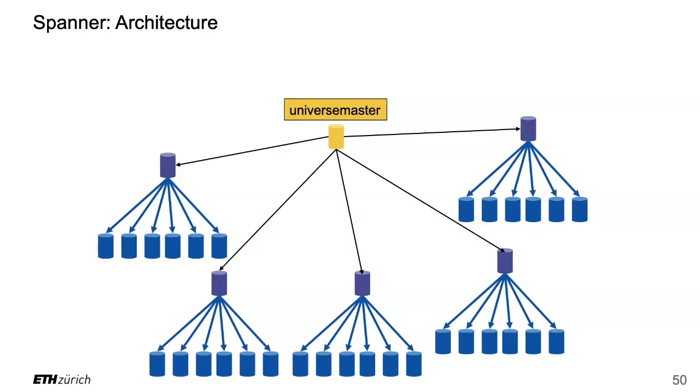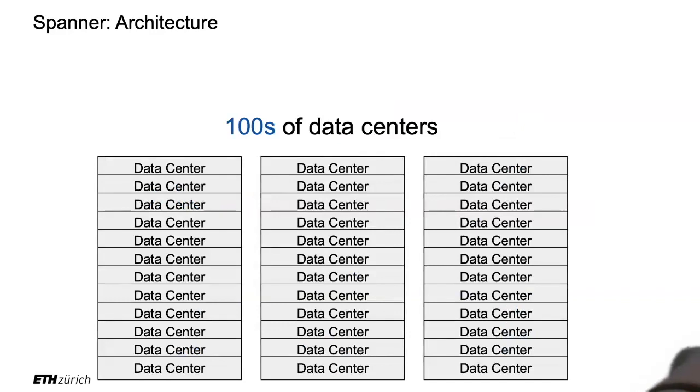And so now what you have is not only this centralized architecture, but in every data center, you have this coordinator node and worker node, but now you have a universe master that controls all of the data centers, right? So we added one more level, and now it's all over the world, over multiple data centers. That's what's going on. And so this is why we can now have trillions of rows.